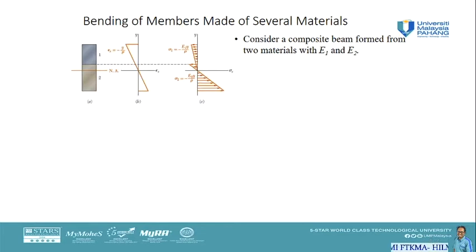So now let's consider a bar consisting of two portions of different materials that are bonded together, as shown in this figure. So we have material 1 and material 2. One part could be just metal, and another part could be another alloy.